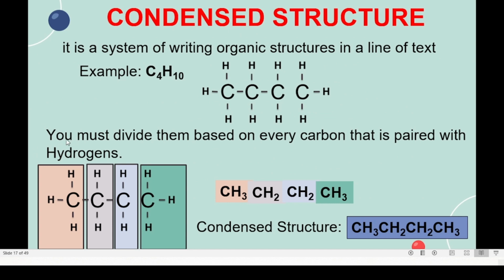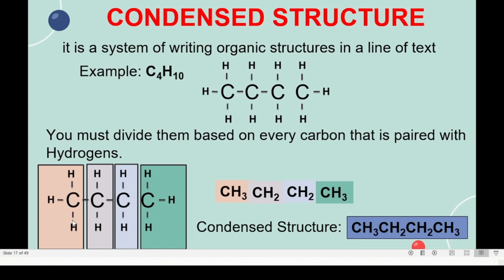Now, you must divide them based on every carbon that is paired with hydrogens to get the condensed structure. This is the full structure of butane. Now we are going to divide them at every carbon.